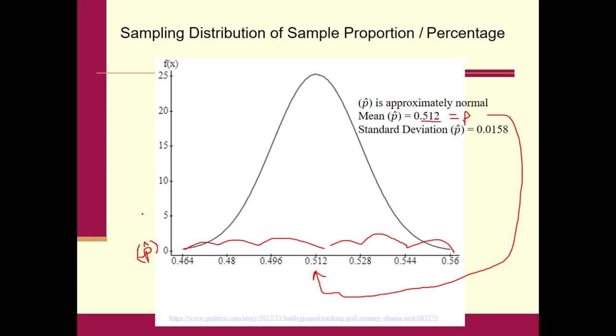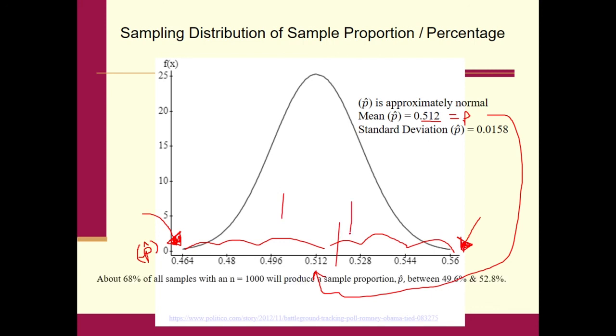It would be really kind of bad luck to get something way out here, because remember, it's randomly done. Could that happen? Yes, but most likely they got something in between here and here.